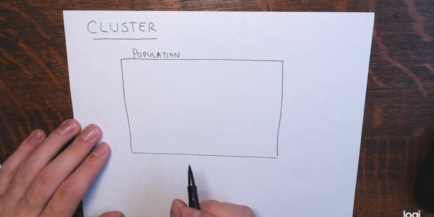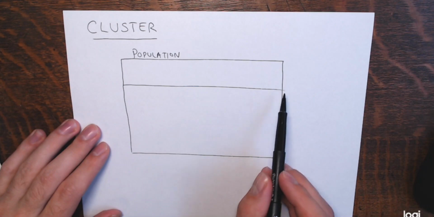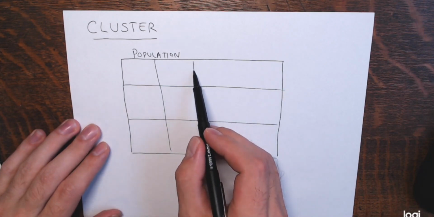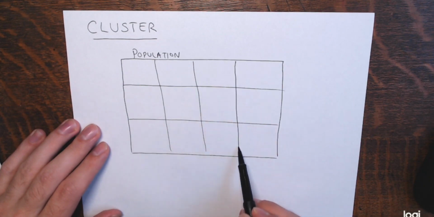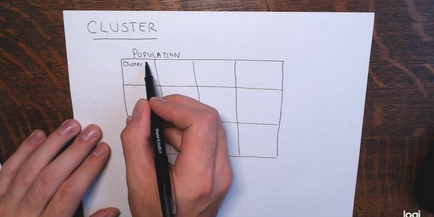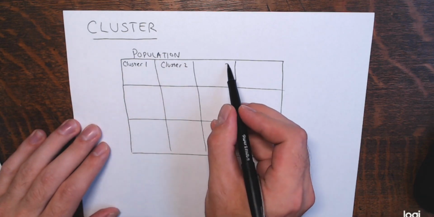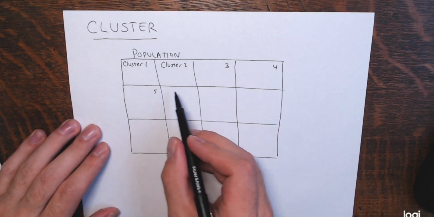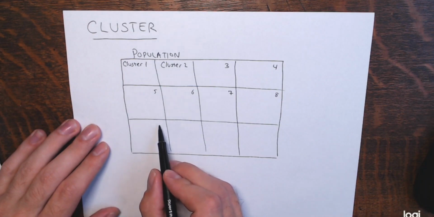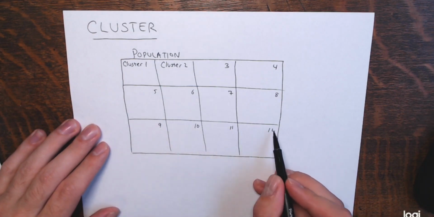And then, as I did with stratified sampling, I break the population up into groups. So once again, I'll do 12 groups, or 12, this time they're going to be called clusters. So there's cluster 1, cluster 2, and so on, all the way to 12. Again, it doesn't have to be 12, it can be more than 12 clusters, less than 12 clusters, whatever you decide when you're selecting a sample.